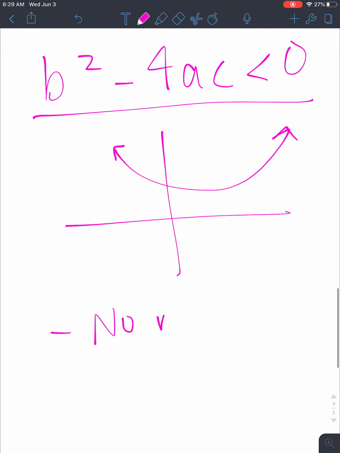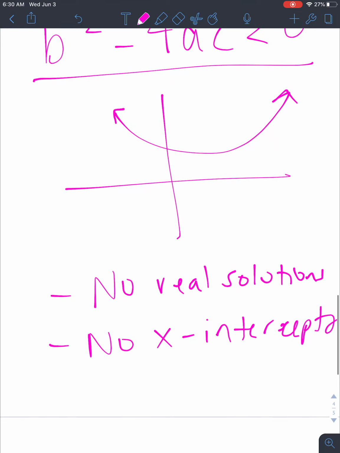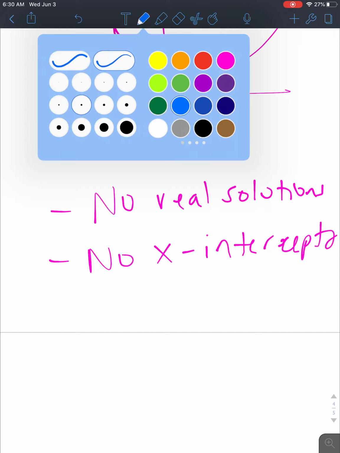And that means that there are no real solutions because the solutions are imaginary. There are no real solutions and no x-intercepts because it doesn't cross the x-axis. Alright, so let's go ahead and try one out.